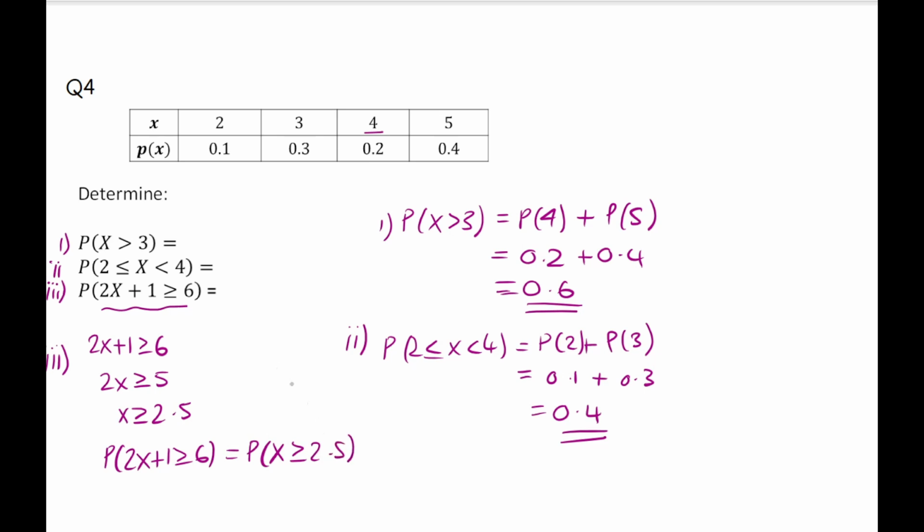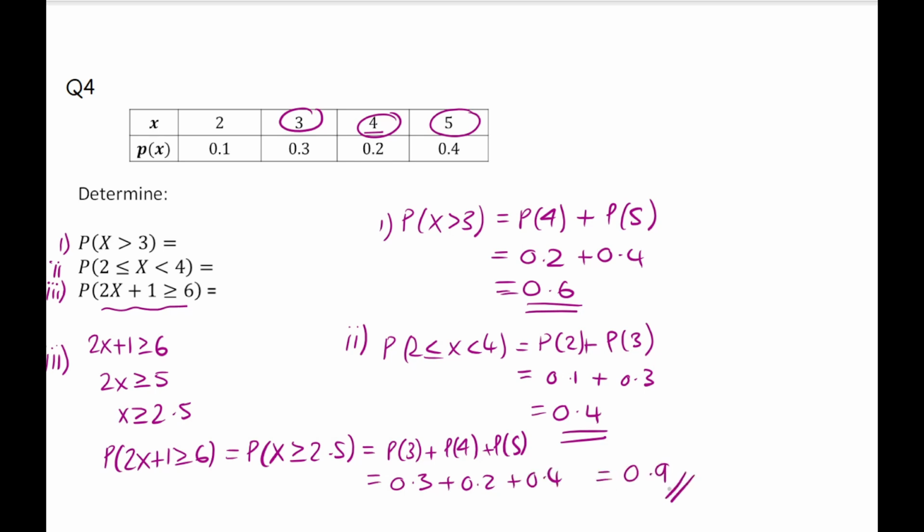Now the values where x is at least 2.5 are 3, 4 and 5. So here I just need to add the probability of 3 plus the probability of 4 plus the probability of 5, and working those out, I've got 0.3 plus 0.2 plus 0.4, which gives me an answer of 0.9. And there we go.